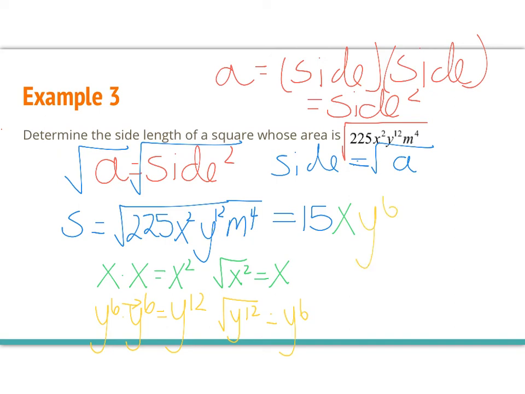Last one here, m to the 4. Two that are identical that add their exponents: m squared times m squared is m to the 4. Therefore, the square root of m to the 4 is equal to m squared. So we just square rooted each little piece individually and multiplied them together at the end.